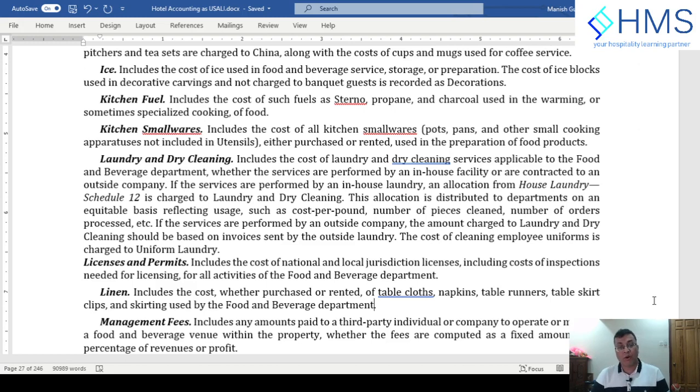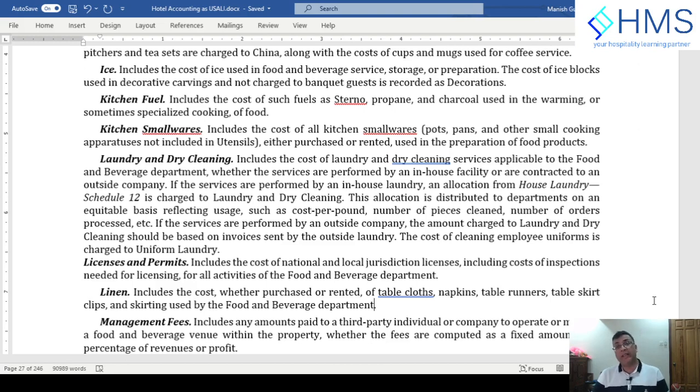Linen is the cost, whether rented or purchased, of tablecloths, table runners, napkins, table skirting, chair skirting, or any other item for that purpose. So the linen will go to this item. Again, linenware, glassware, flatware, and china follow a similar policy.